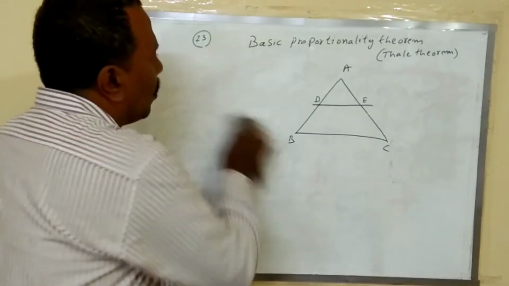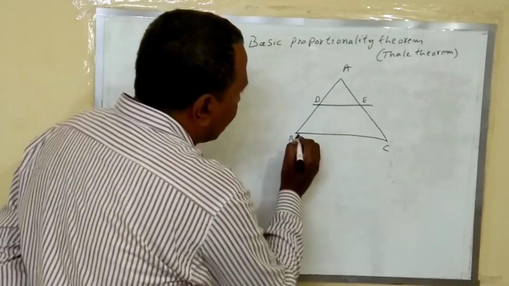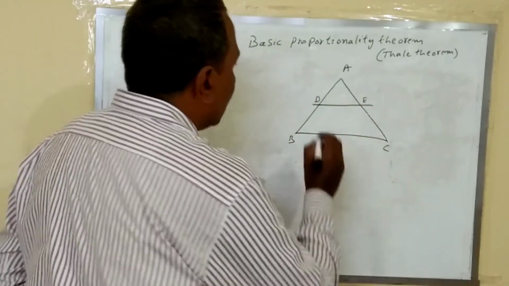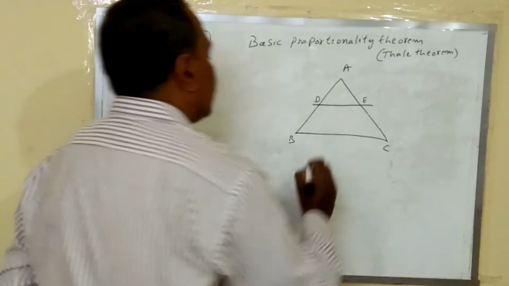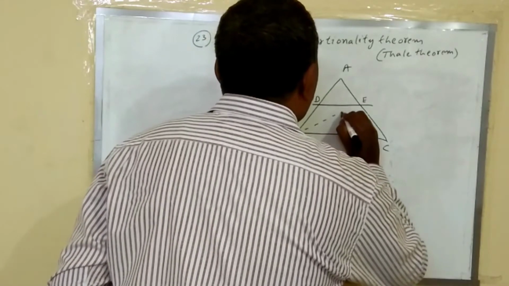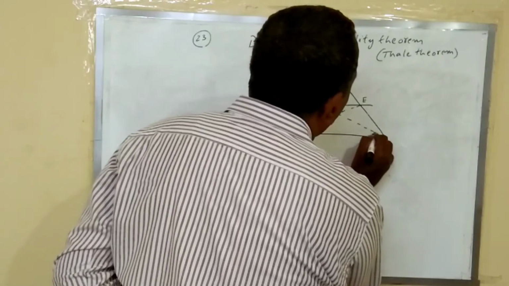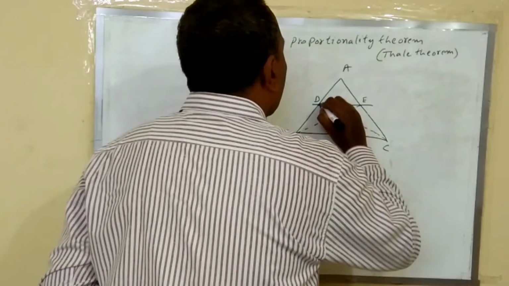Now what do you have to prove? We have to prove that AD by DB is equal to AE by EC. For that, we need to make some additional constructions. So first of all, join BE and join DC. And here also you draw another line DM.